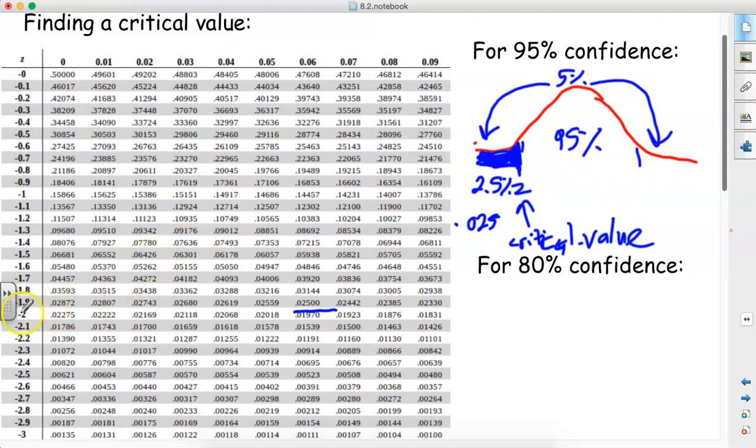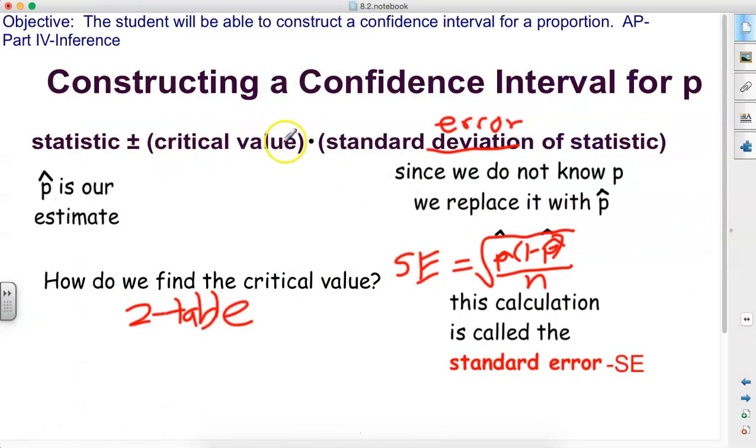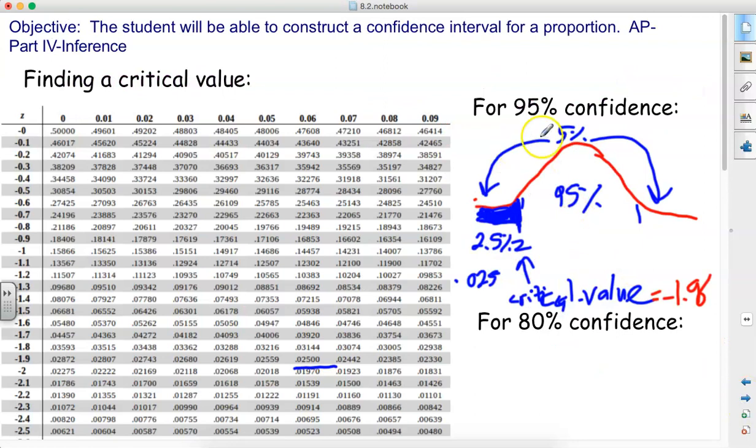That z-score is going to be negative 1.96. So our critical value for a 95% confidence interval is negative 1.96. That is what we would use in this formula for our critical value to find a confidence interval that we are 95% confident in.